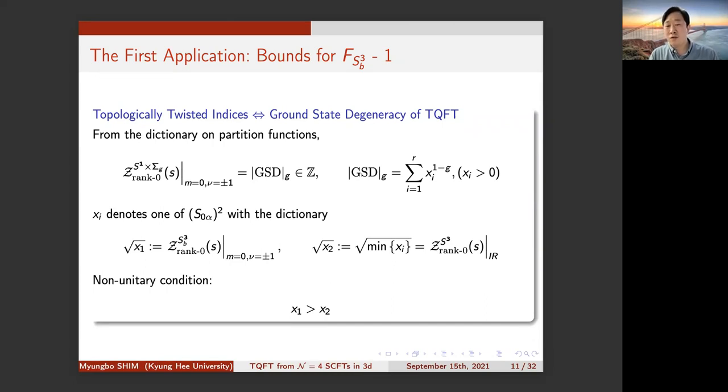Is x2 related to the three-sphere free energy? And there is a non-unitary condition for our theories. This tells us that x1 should be larger than x2. We will talk about the unitary condition later as well.